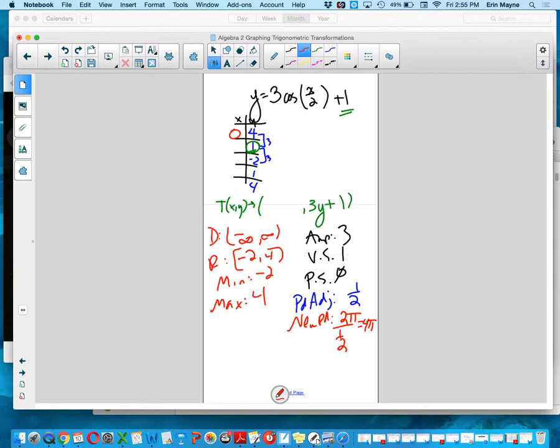Because before, it was 2 pi. Well, now it's 4 pi. So what am I going to put right here? Okay, cut it in half. What's this? 2 pi. Don't you cut in half and then do what? Cut in half again. What's between 0 and 2 pi? Pi.